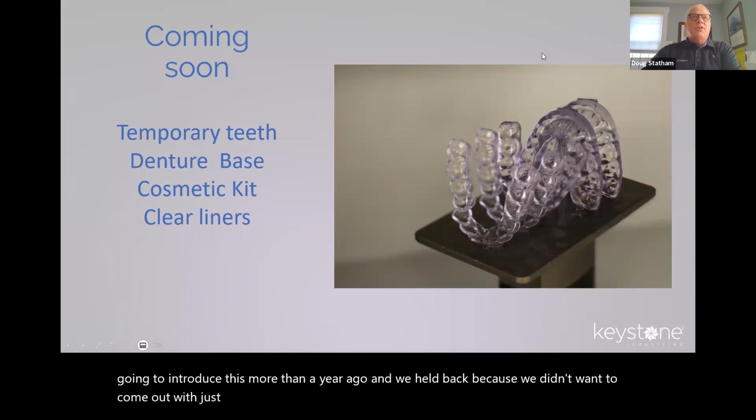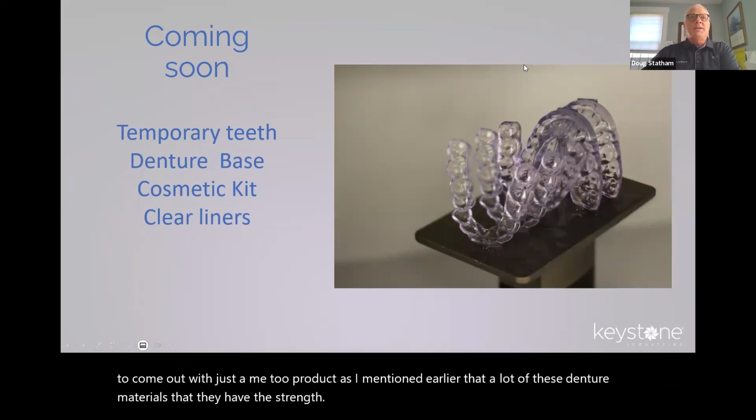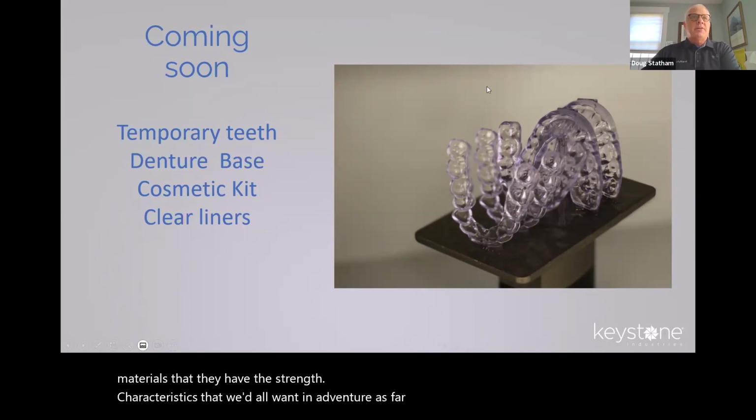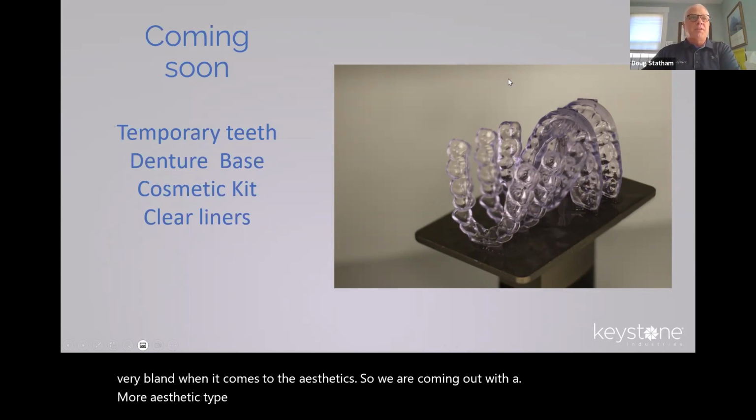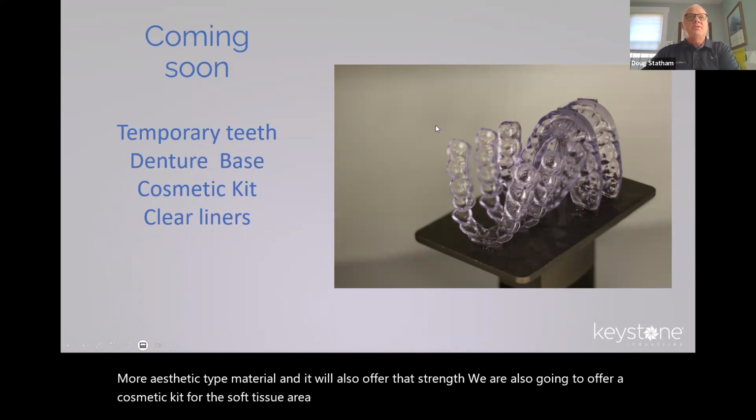As I mentioned earlier, a lot of these denture materials have the strength characteristics that we'd all want in a denture as far as it not shattering, but many of them are very bland when it comes to the aesthetic. So we are coming out with a more aesthetic type material, and it will also offer that strength. We're also going to offer a cosmetic kit for the soft tissue area, those removable cases, and the tooth material as well. So you will be able to make a more realistic removable restoration.